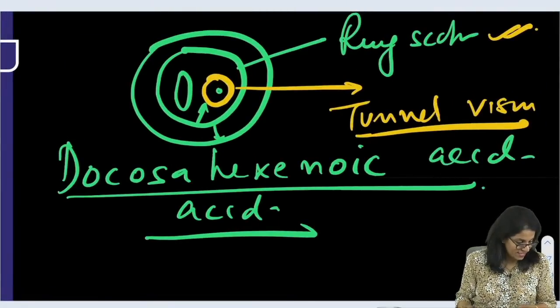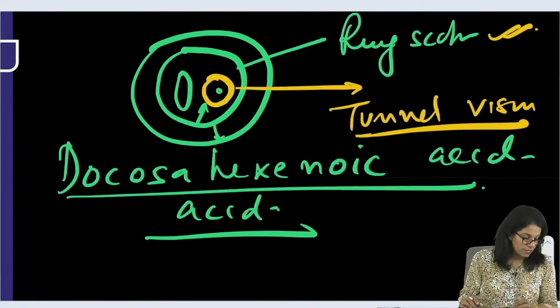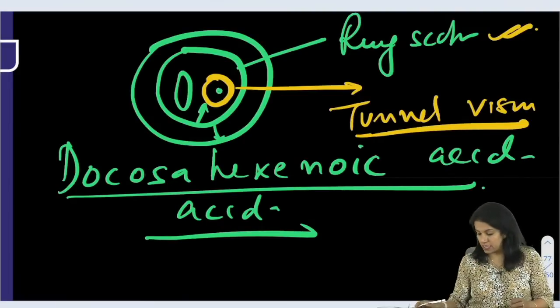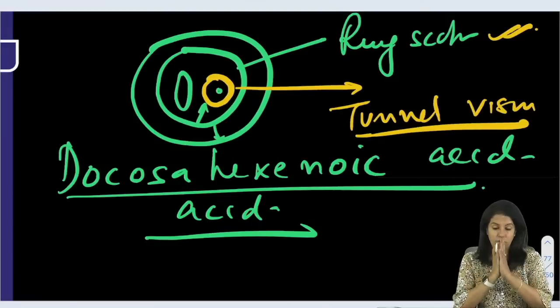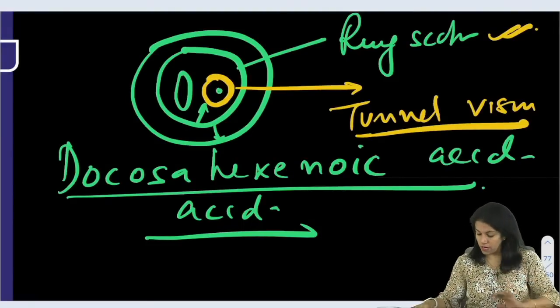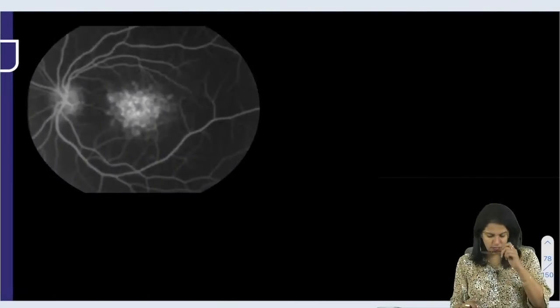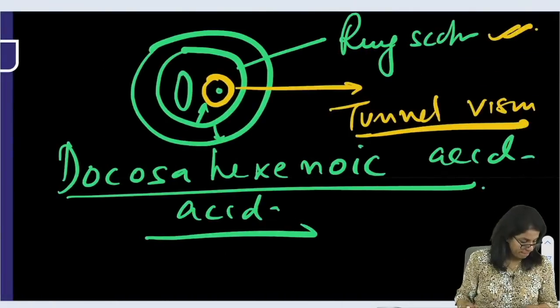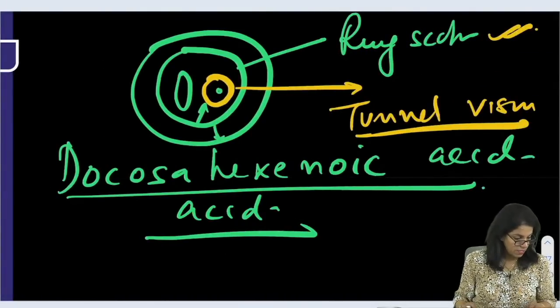Very good, Avantika, and okay, many of you are answering well. Tell me what are the drugs which can lead to tunnel vision or constriction of visual field? I want you to remember 2 drugs. Tell me, what were they? Do you remember? Quickly, quickly, quickly.